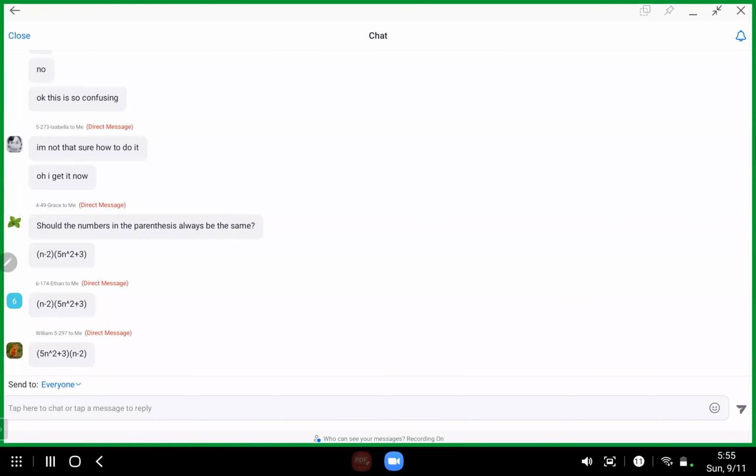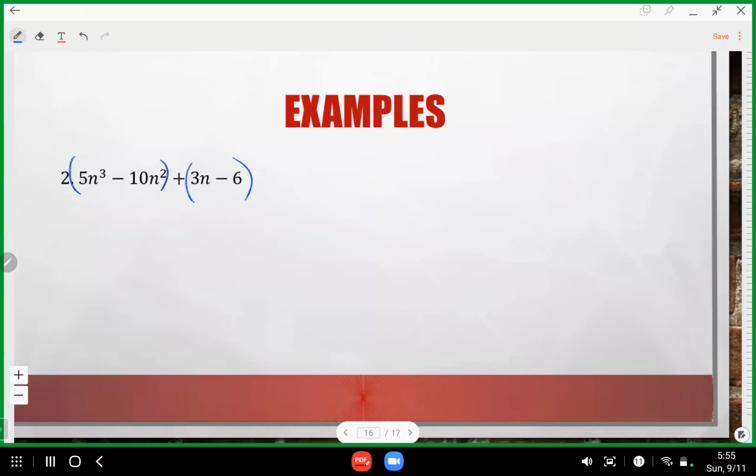Yes, they should. If they aren't, then it probably is not factorable. If you're getting different numbers in the parentheses, then it's either not factorable or you made some kind of mistake. But for these, they are factorable.